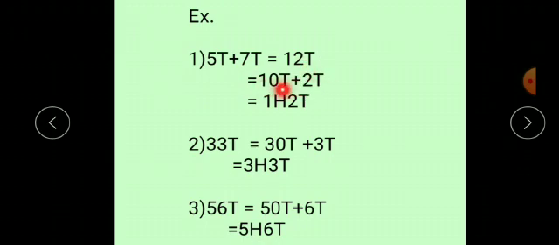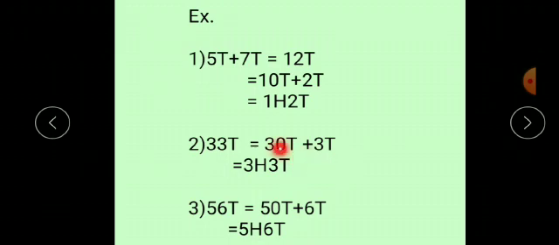Now 10T is nothing but 100. So instead of 10T, we can write 1H. So it is 1H 2T. Okay. See the next one. 33T means 33 tens. 33 can be written as 30 plus 3. So 33T equals 30T plus 3T.